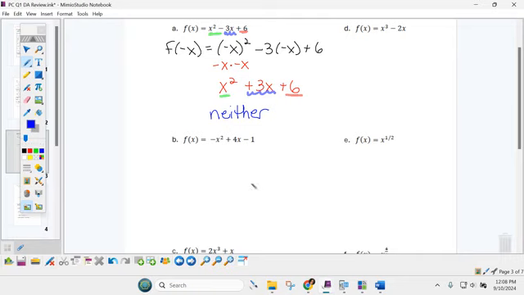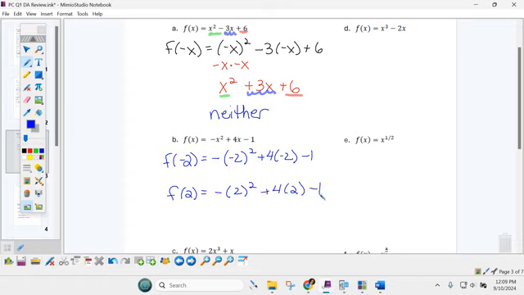For B, now, because we have that scientific calculator, I'm going to use numbers to prove the symmetry instead of an x. So let's input negative 2 and let's input positive 2. And when I input those numbers, I can compare the final results to see if they're the same or opposite.